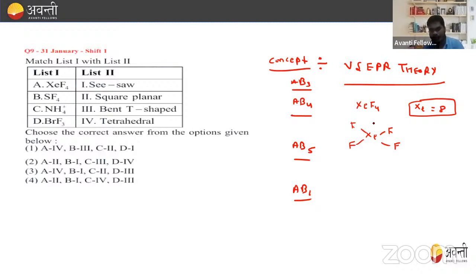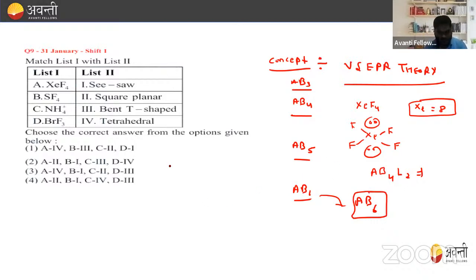So how many lone pairs does Xe have? Xe has 2 lone pairs, right? So it has 4 bond pairs, that is AB4, and 2 lone pairs. So it lies in the category of AB6. Yeah, 2 lone pairs and 4 bond pairs.